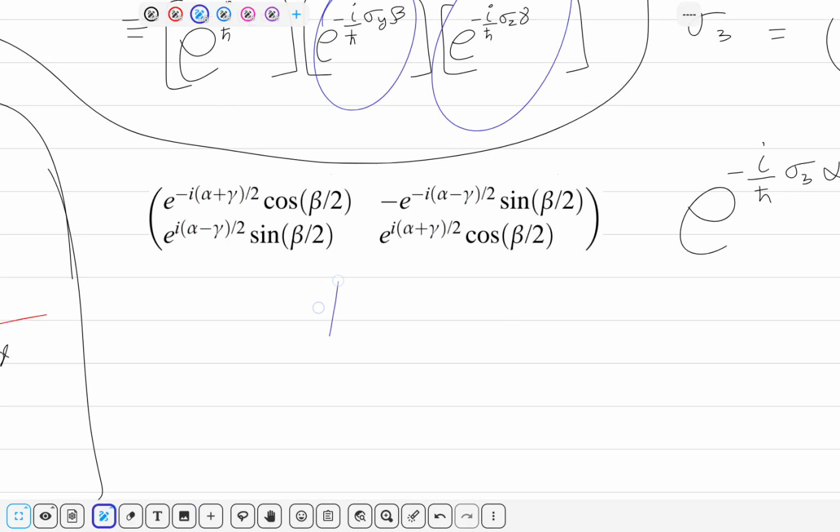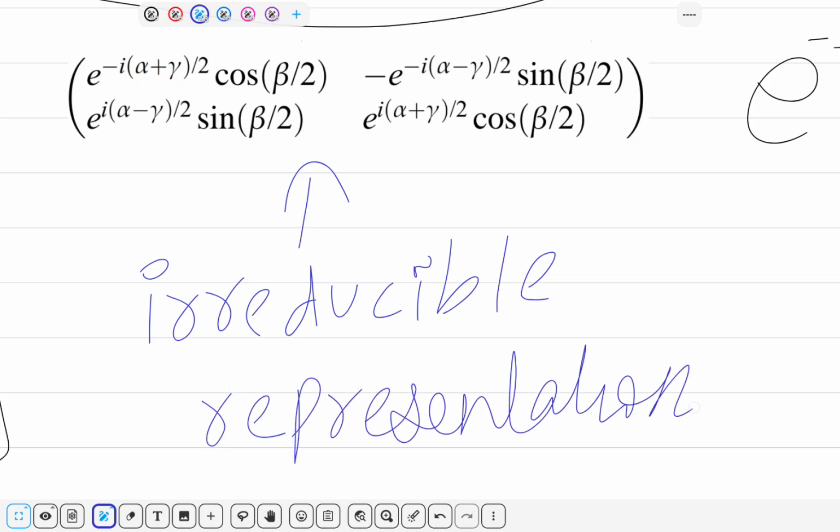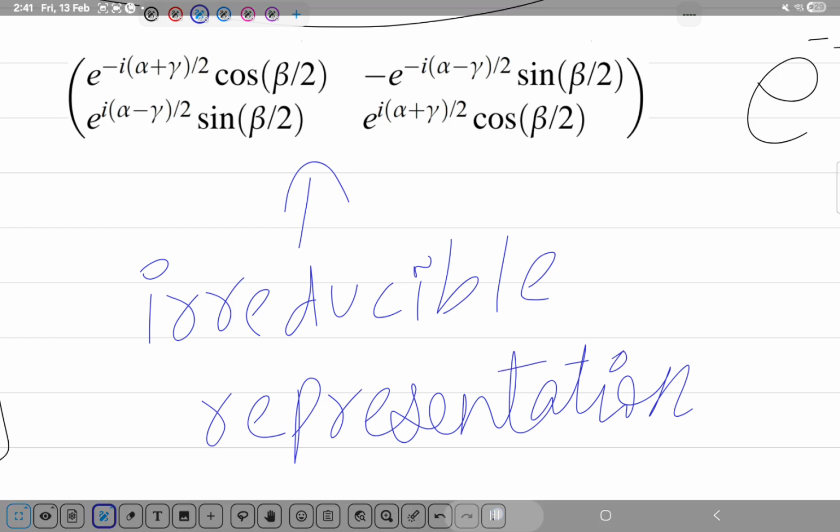This is called irreducible representation.